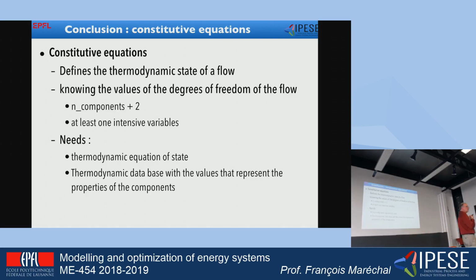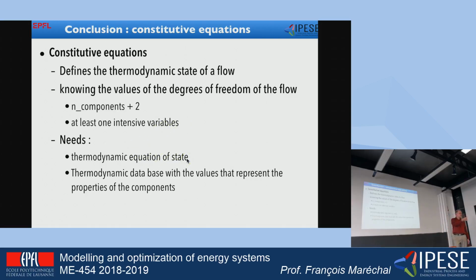The n plus 2 have an additional constraint that it needs to have one extensive variable in the list, because I need something which is going to fix the flow. And from this, I will need to have the equations. So I have to choose the equation of state.